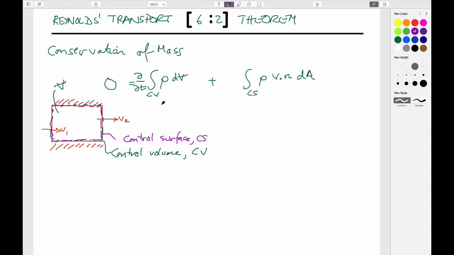Just to explain what these terms are, this is the accumulation. If, for instance, the density was constant, and we did this integration over V, then this term you could also write as the rate of change with time of density and volume.